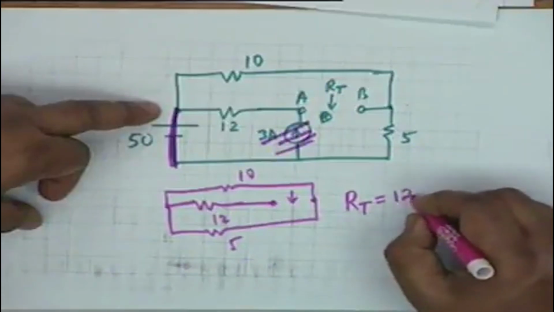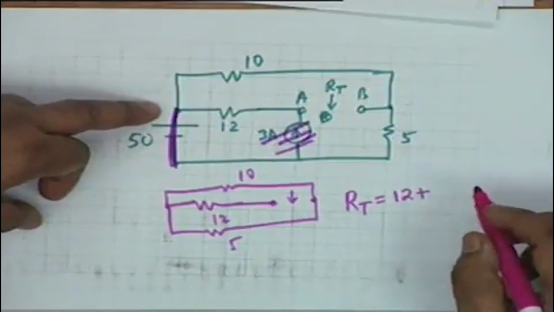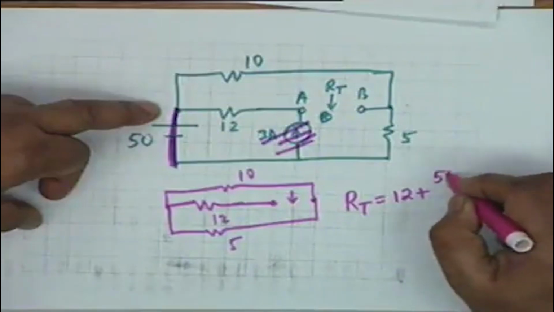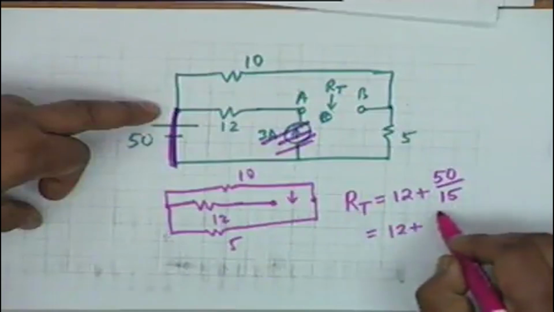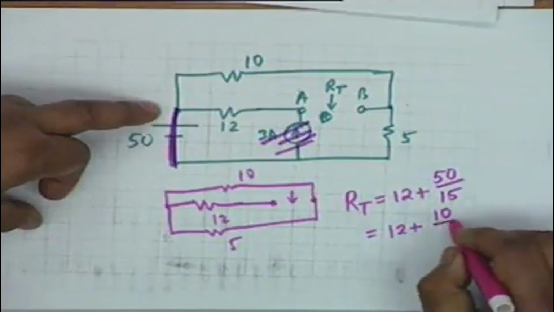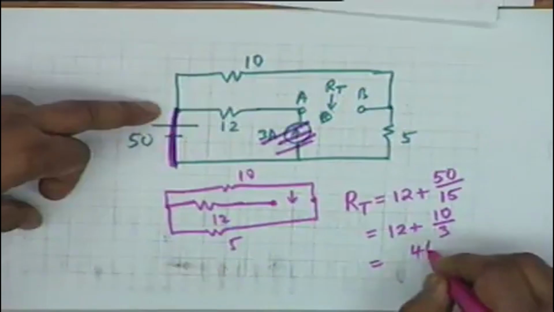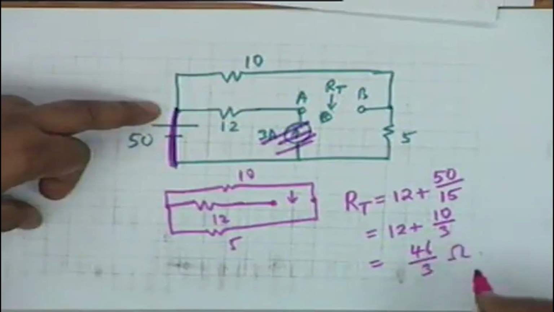It is 12 plus 10 parallel 5, which is 50 divided by 15, which is 12 plus 10 by 3, which is 46 by 3. This is what we had obtained after a bit long calculation in the ISC method. Nevertheless, the short circuit current has its own importance, as we shall see a little later.